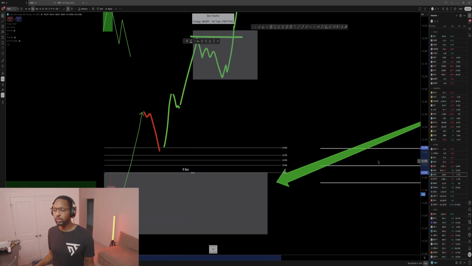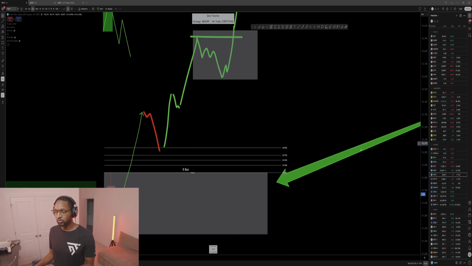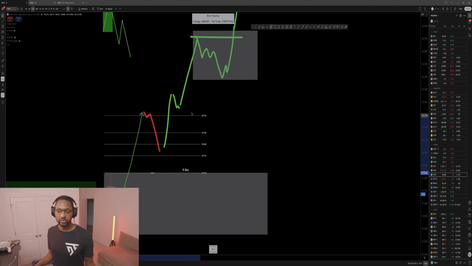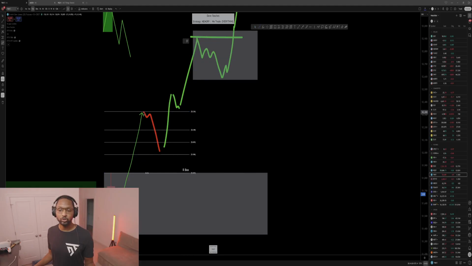So what we do is we fib the high of the last down candle, the highest point that is there. And what we are looking at, let me just move some of this out the way, is when we begin to retrace and trade lower, right? When we stop at the high up here, we are looking for that retracement to trade into these fib levels, right? This is the 30, the 50, and the 70.